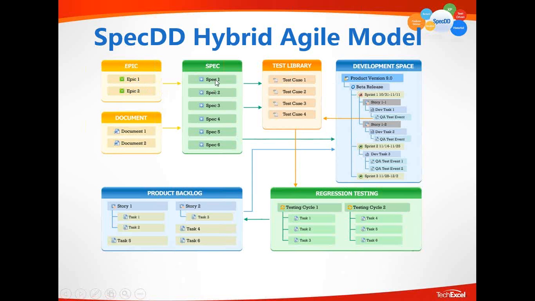They are often broken down into specs. Ignore the document for now. Specs represent the smaller, user-friendly, development-friendly breakdown of requirements that can be assigned to a development sprint. And as you assign such a spec to a development sprint, it becomes a story.